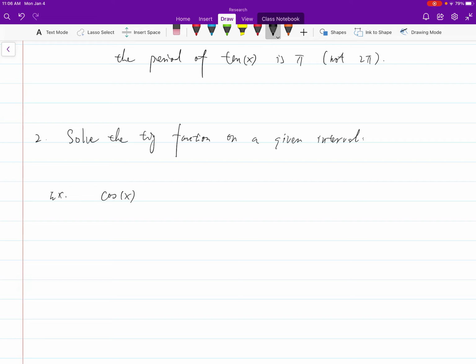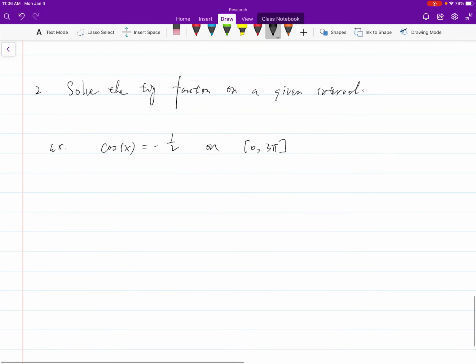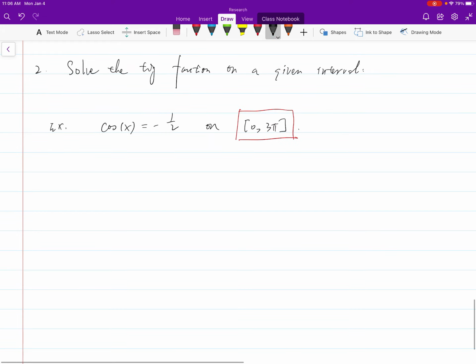Example. But this time you only want the solutions on 0 to 3 pi. So the difference with before is you have one additional restriction, that is you only want everything from 0 to 3 pi. Judging by the graph, it's very easy to see.